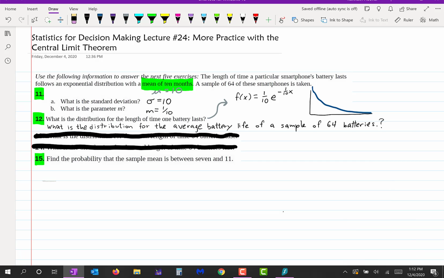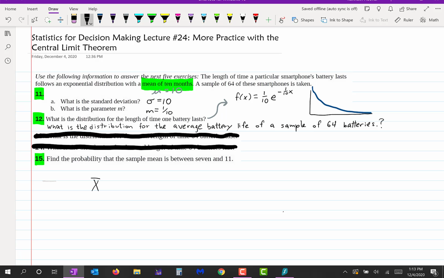Look at the new part of question 12 that I added. What is the distribution for the average battery life of a sample of 64 batteries? Okay, so I want to remind you that the average of a sample is not called mu, it's called x bar.